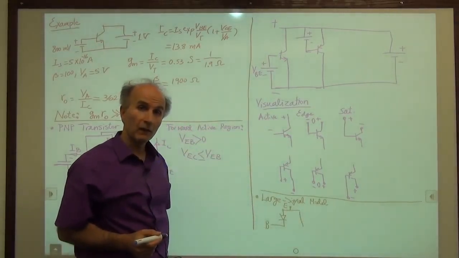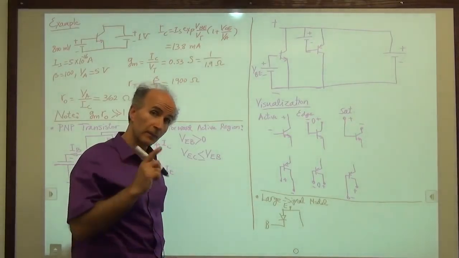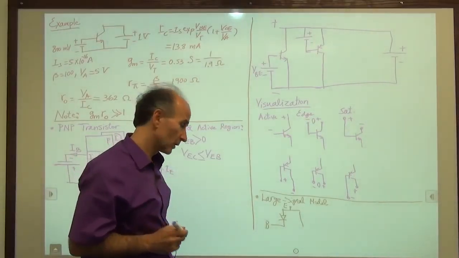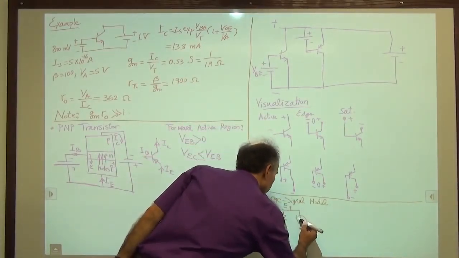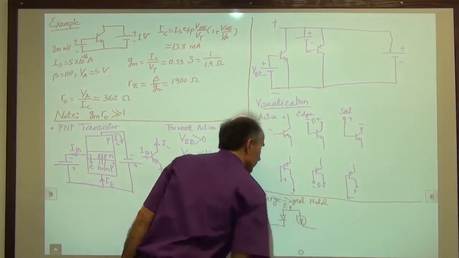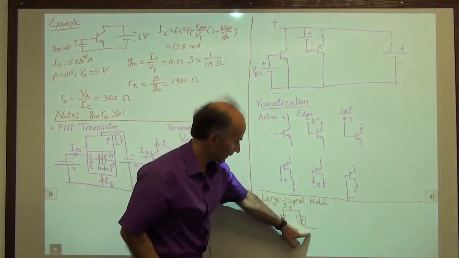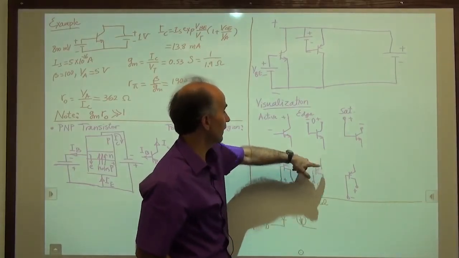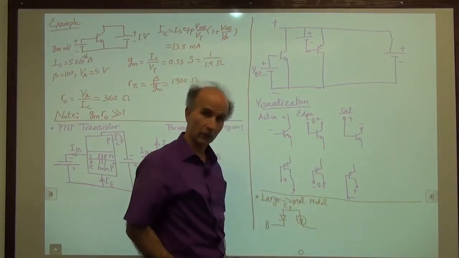Then we have a voltage-dependent current source, which exponentially depends on the base emitter voltage. So that current has to be going this way. Because remember, current always flows from positive side to negative side. And we know that for a PNP device, the emitter is higher than the collector. So the current has to go down.